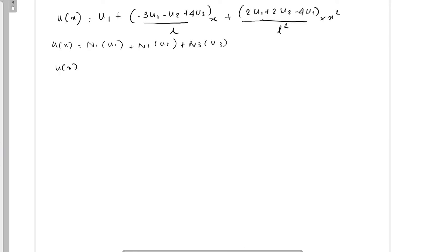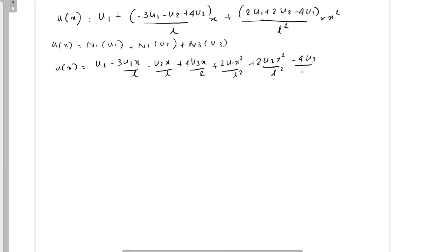So u of x equals u1 minus 3u1 x by L minus u2 x by L plus 4u3 x by L plus 2u1 x square by L square plus 2u2 x square by L square minus 4u3 by L square into x square.